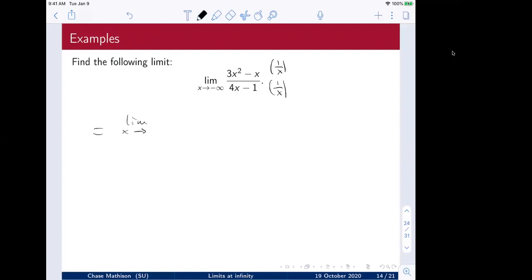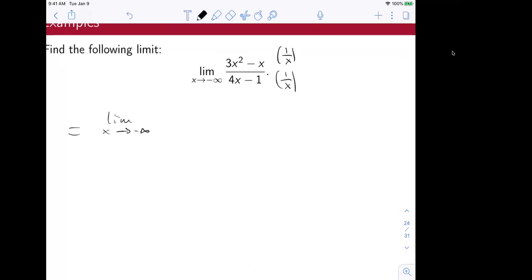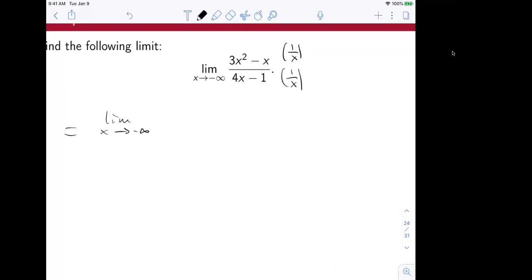Well, 3x squared divided by x is 3x, minus x divided by x, that's just a minus 1, divided by the limit as x approaches negative infinity of 4x divided by x is 4, minus 1 divided by x is just 1 over x.